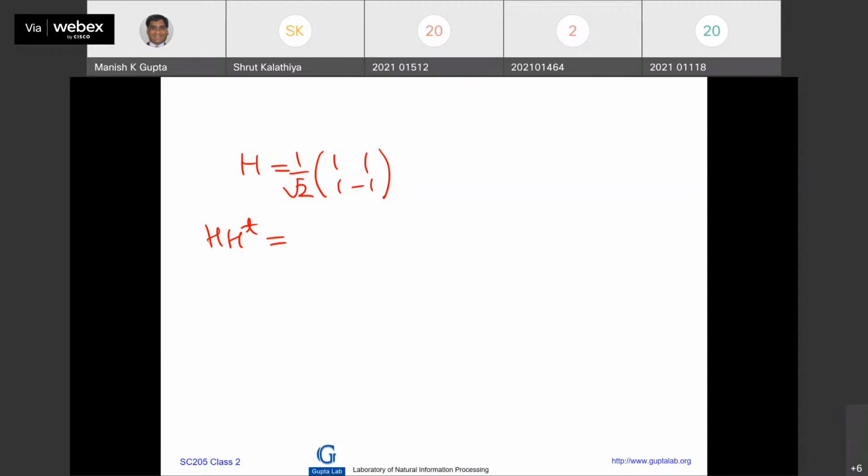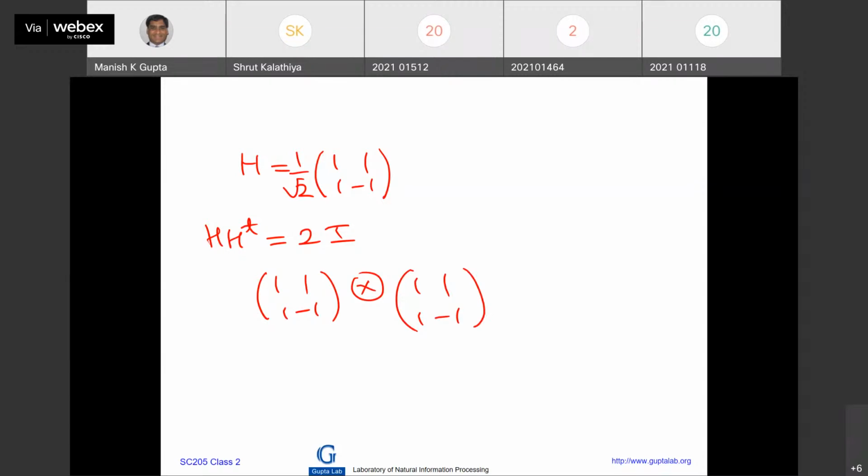What about higher size, 4 by 4? I'm ignoring the scaling factor 1 over root 2, but you can include that. If I take 1, 1, 1, minus 1 and take the tensor product with 1, 1, 1, minus 1. Do you know what a tensor product is?